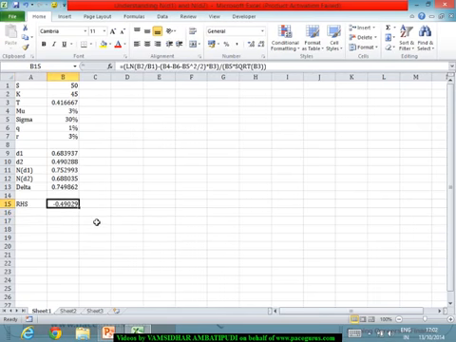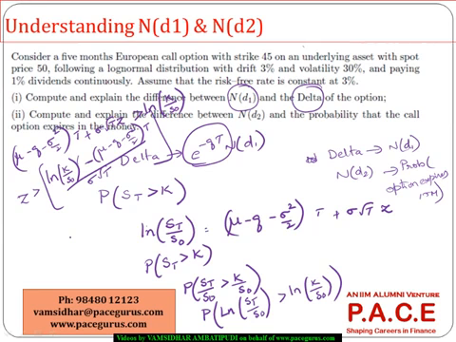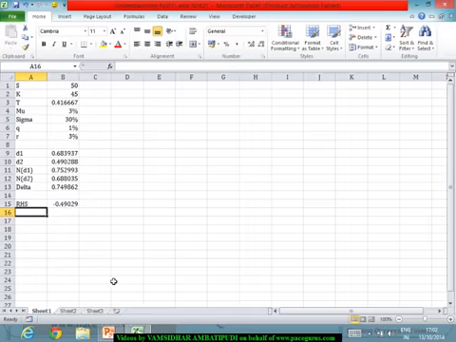So I need the probability of Z greater than minus 0.49, or the other way of saying it is the probability of Z lesser than the minus of minus 0.49, Z lesser than 0.49.